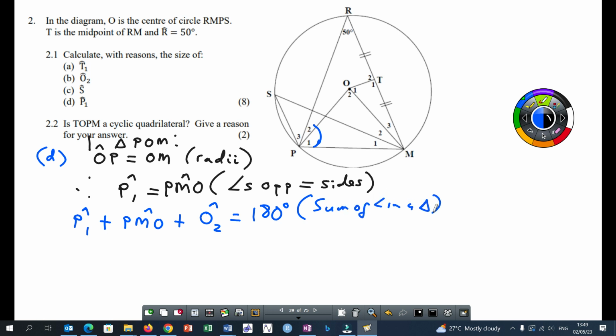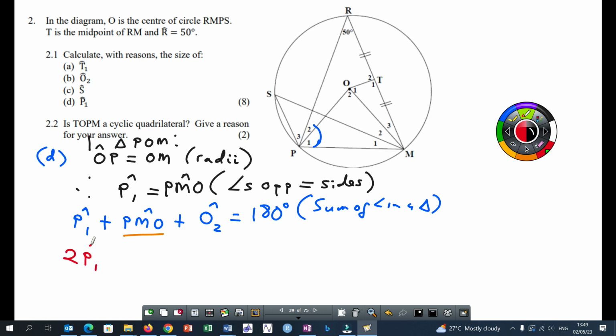Now we want to calculate P1, but P1 is equal to PMO, so this PMO we can replace by P1. If we do that, we'll end up having this statement: 2P1 is equal to 180 minus 100. Remember, we got our O2 as 100.